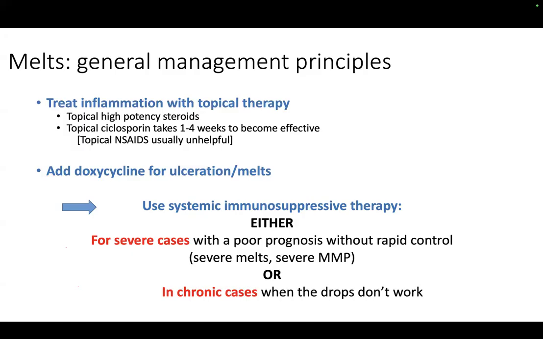And then if cases are particularly severe and there's poor prognosis without rapid response to the topical treatment, then we will certainly consider high-dose oral or IV steroids, pulsed methylprednisolone. And then if you're considering that, you usually need to consider what we call steroid-sparing agents, which are much safer in the long term to control the disease.